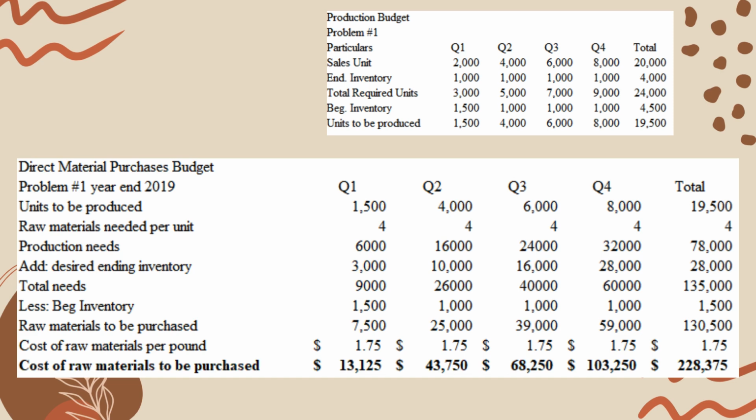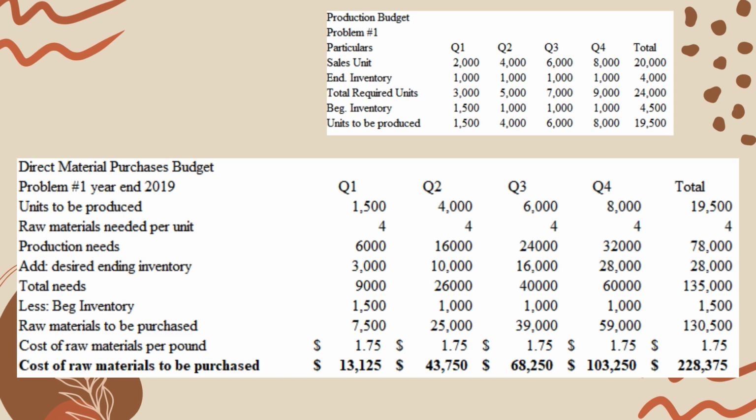After that, we subtract the beginning inventory of quarter 1, which is 1,500, and that will be 104,500.